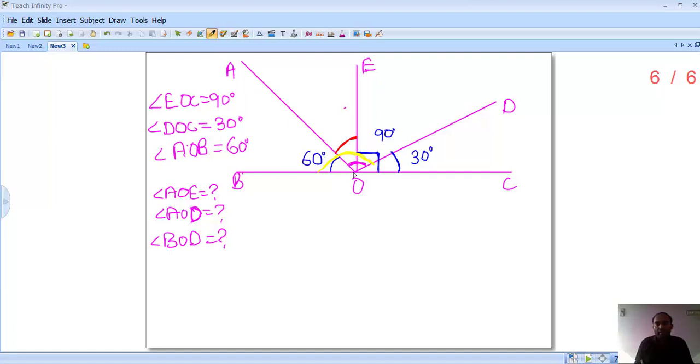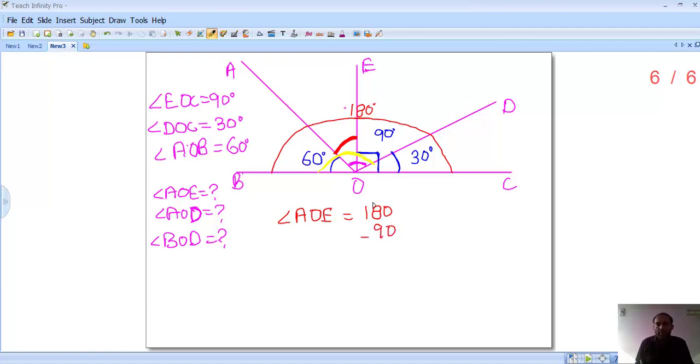First one is angle AOE. First of all tell me how much is this complete angle. You know that is 180 degree. So if I remove this 90 degree and this 60 degree, which angle will I have? Angle AOE will be 180 degree minus 90 degree.